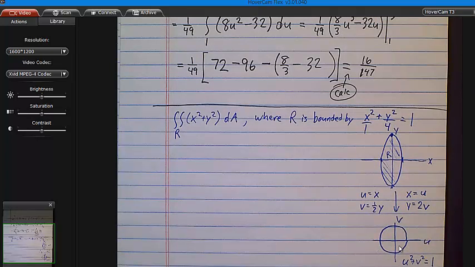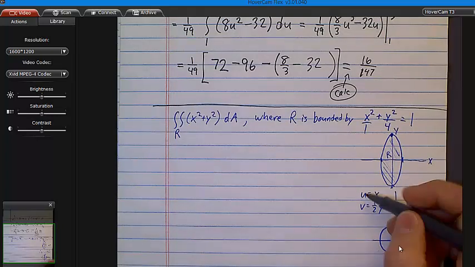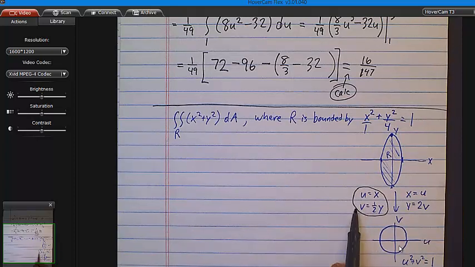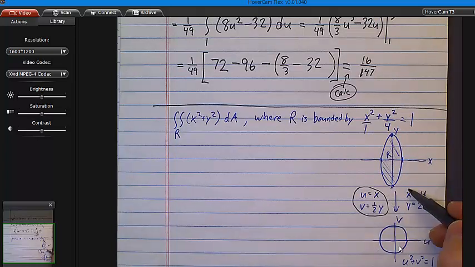Now, let me go through what's going on here. Last time I figured out u and v, and it was not this simple. We had a system of equations that we had to play around with for a long time. But in this problem, what a simple system to solve. x is the same as u, and y is just 2v. Do you guys see that? So that's kind of nice.